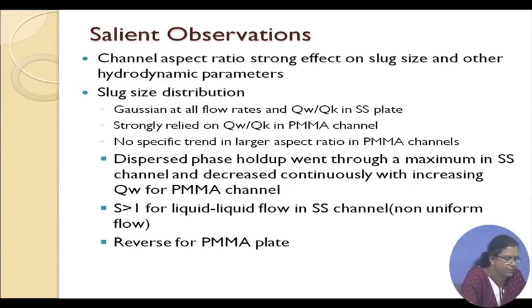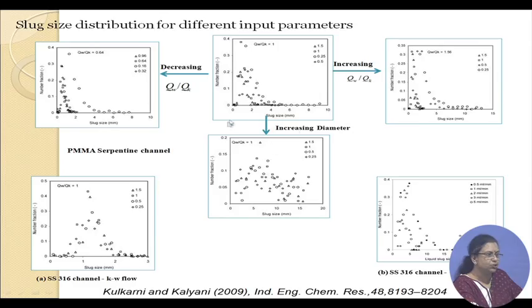We find that the slug size distribution is more or less Gaussian at all flow rates and at all QW by QK ratios in a hydrophilic stainless steel pipe, while in a PMMA channel it strongly relied on the ratio of QW by QK, and we also found that there was no specific trend in the large aspect ratio PMMA channel.